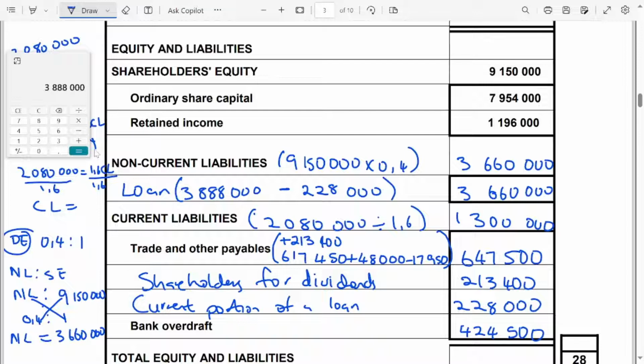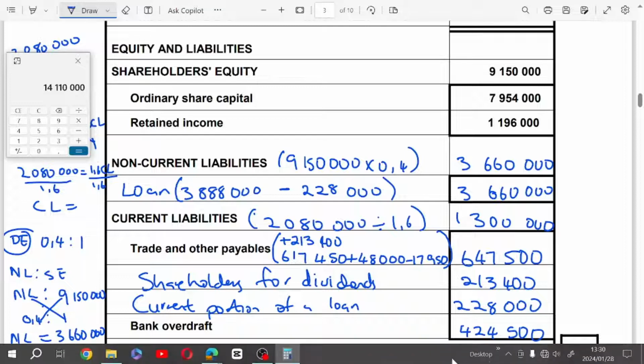Okay, now we are done with this part for the equity and liabilities. Now we have to find the total equity and liabilities. So we are going to say shareholders' equity, which is 9,150,000, plus the current liabilities 1,300,000, plus the non-current liabilities 3,660,000.